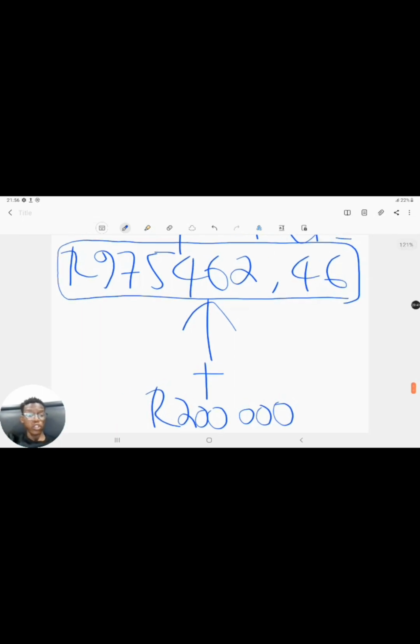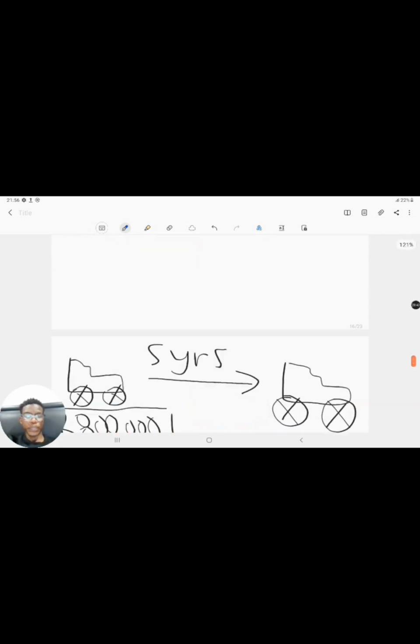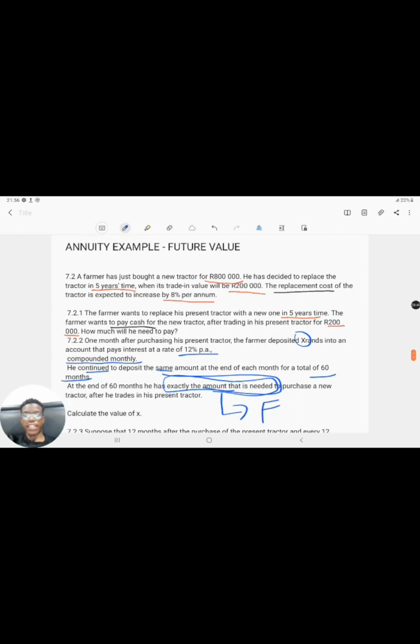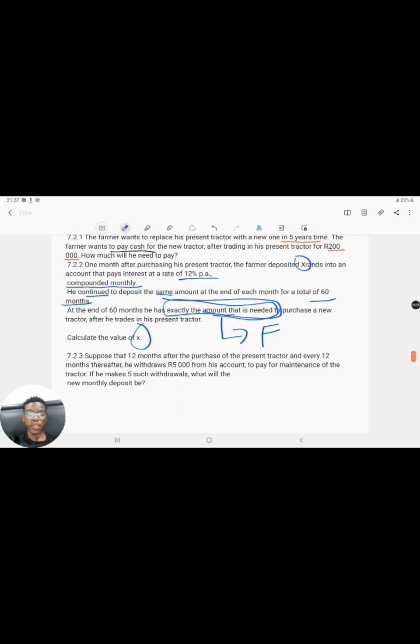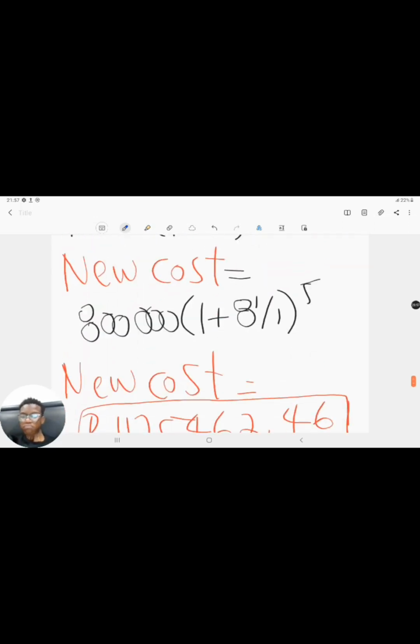Okay, so this is a future value annuity, and they're asking us to calculate the monthly payments that he will have to make into this account in order to get to that value of 900,000 and something. So it's simple. It's just simply substituting things and solving.